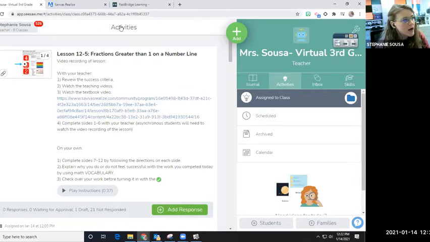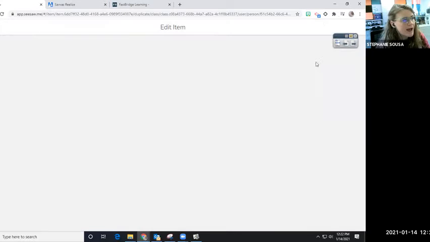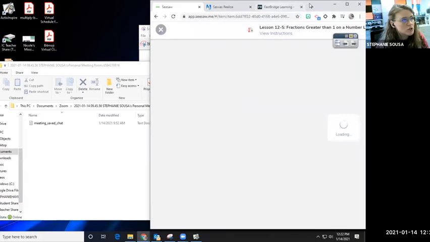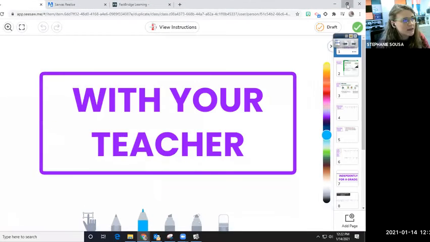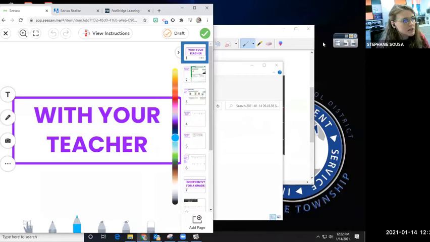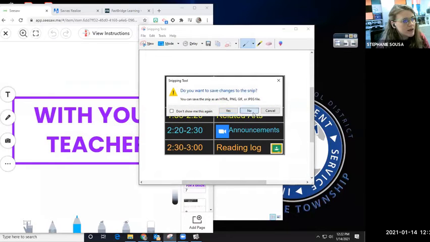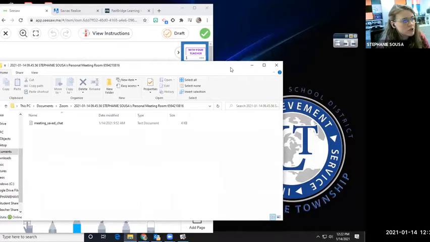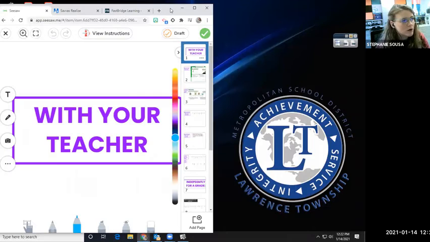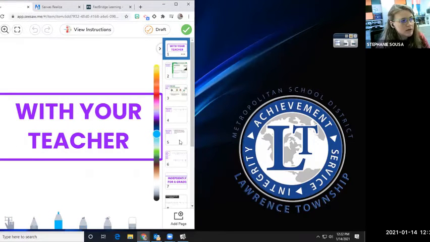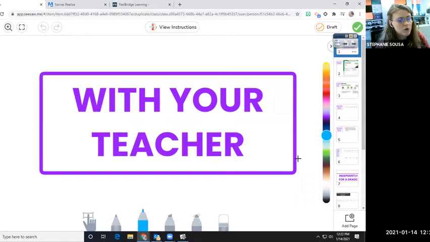I suggest that when you add your response, you make your screen half size like this so that you can see your work. And then over here, you can put zoom so that you can see my work. Split your screen so you can see your work and my work at the same time, because we're going to work on these sections together.